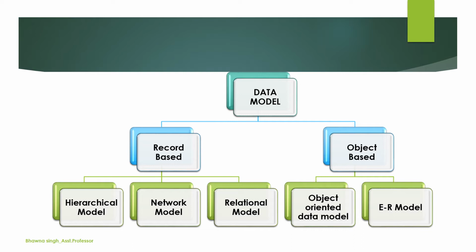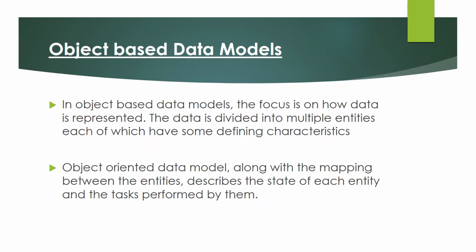Now we have discussed the record based data model, and in this session we will continue with the object based data model. So the first topic is what are object based data models. In object based data models, the focus is on how data is represented. The data is divided into multiple entities, each of which has some defining characteristics.